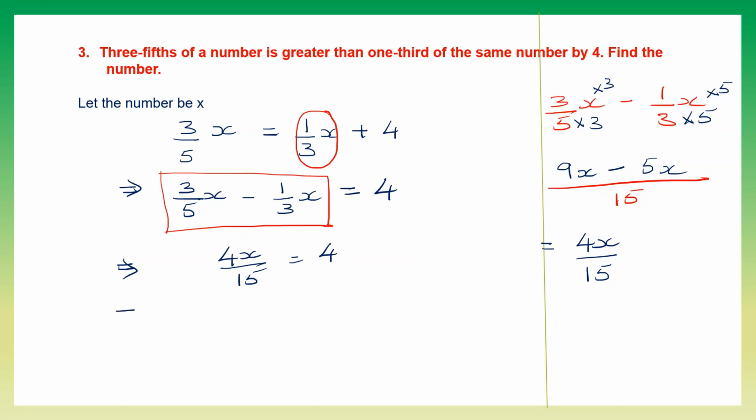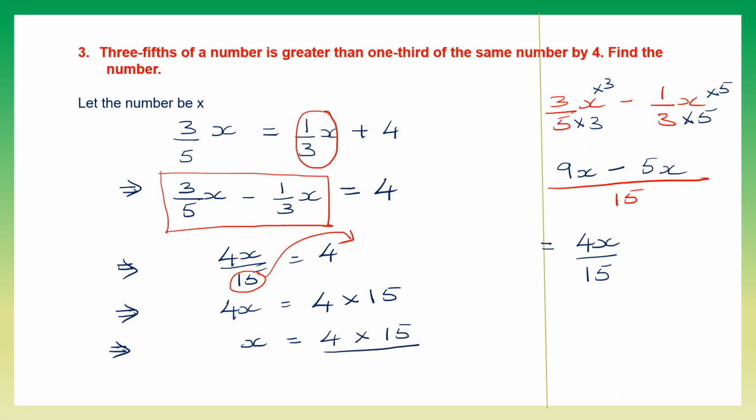So now to find the value of 4x, we will say 4 into 15 because I have transposed this 15 from here to the right hand side. So division has now become multiplication. Now I'm going to continue like this. 4x means 4 into x. So I leave x here. On the right hand side I already have 4 into 15.